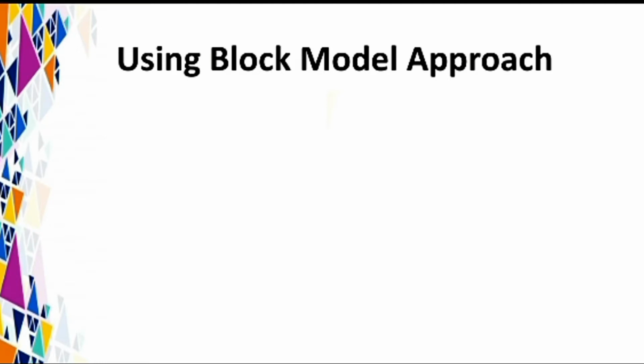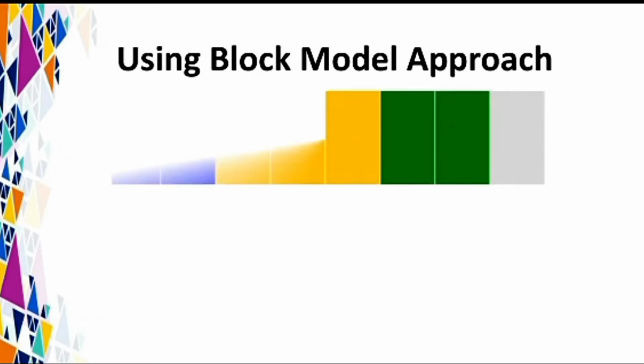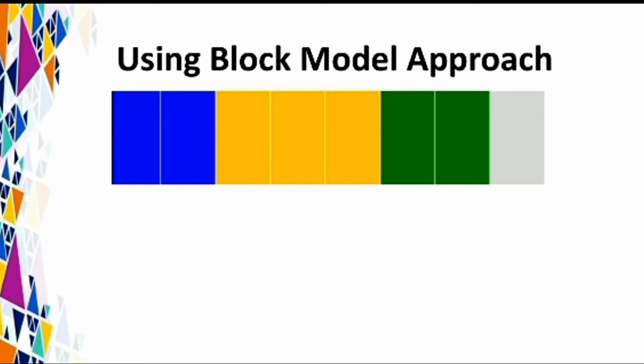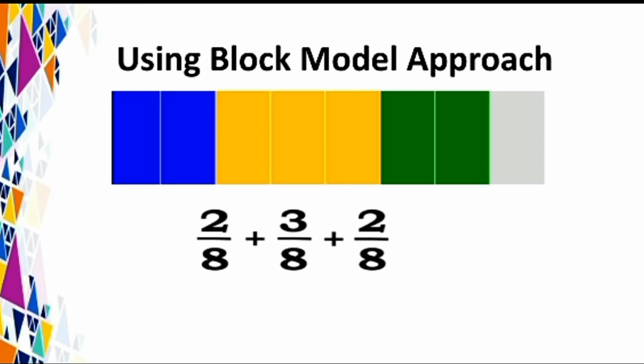Para ma-visualize natin yung problem, gagamit tayo ng block model approach. Makikita natin sa diagram na yung rectangle ay hinati natin sa 8 equal parts. Yung 2 parts kinulayan ng blue ay katumbas ng 2/8.